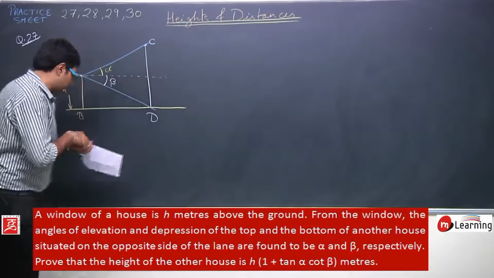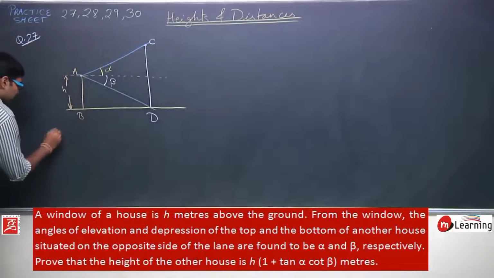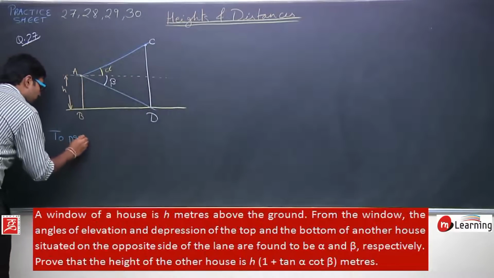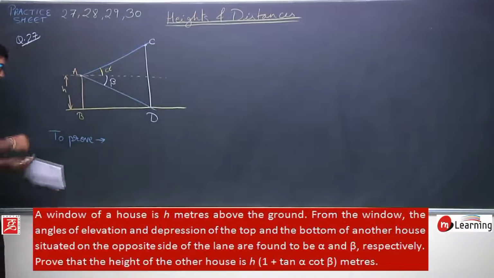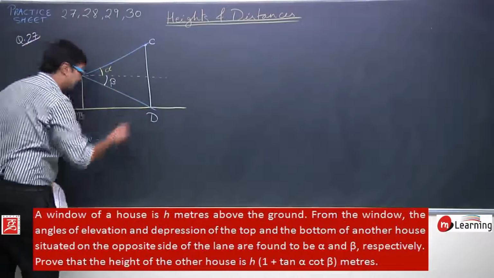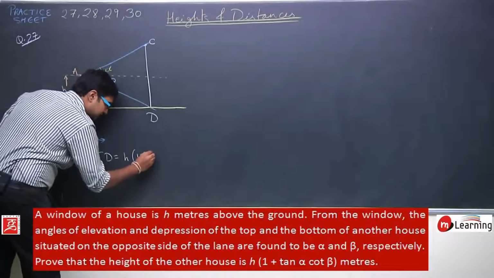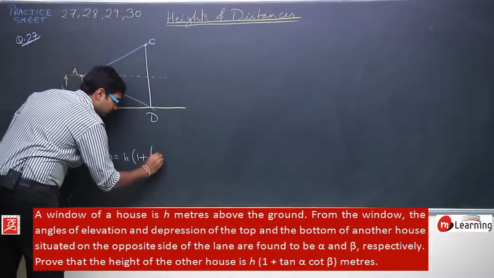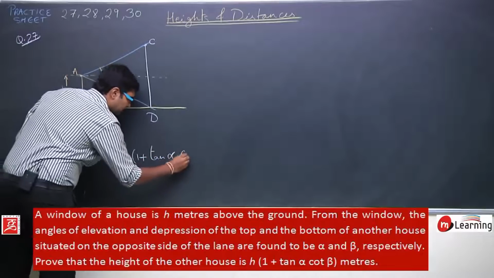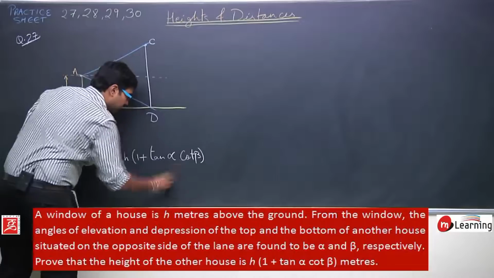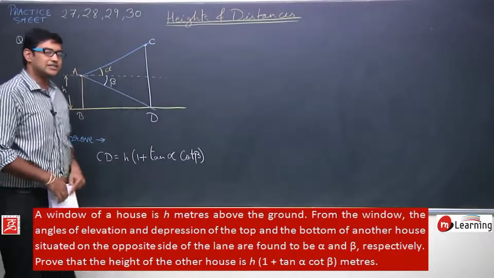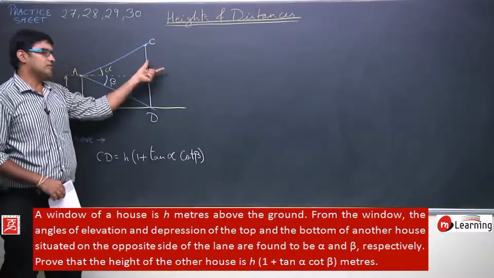So what I need to prove is that CD is equal to h times (1 plus tan alpha into cot beta). This represents CD, the height of this house.